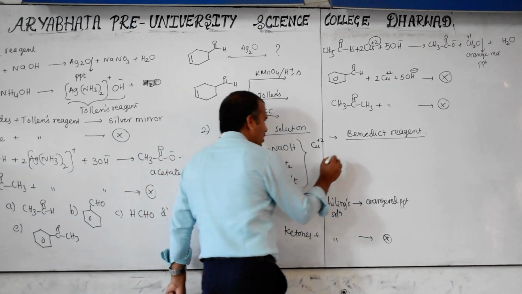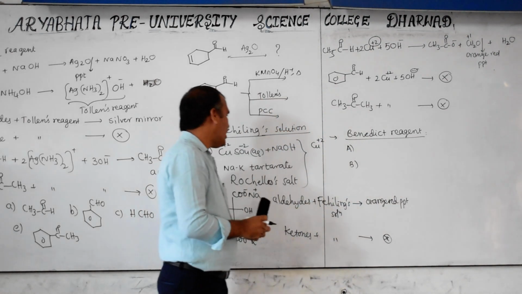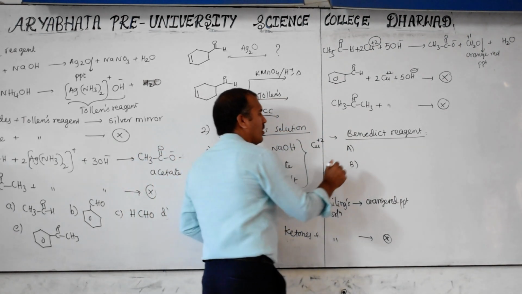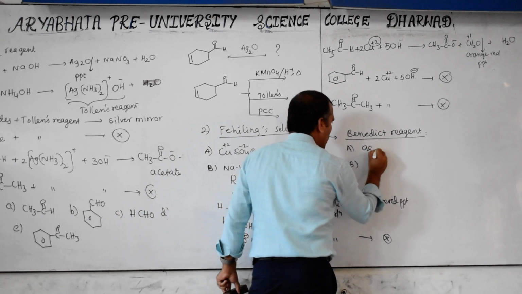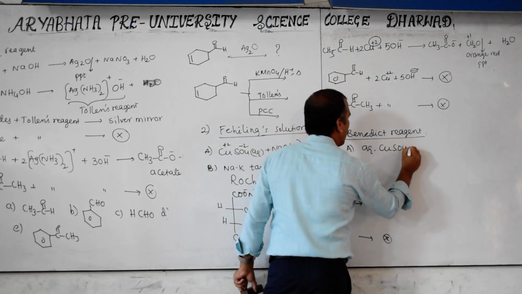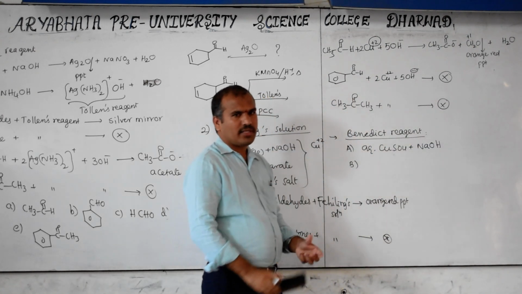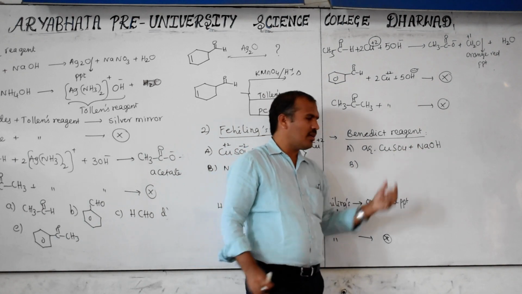What is the small change? Here also solution A and solution B will be there. Solution A is the same, there is no change: aqueous copper sulfate plus NaOH. This is called alkaline copper sulfate, basic in nature. Okay.